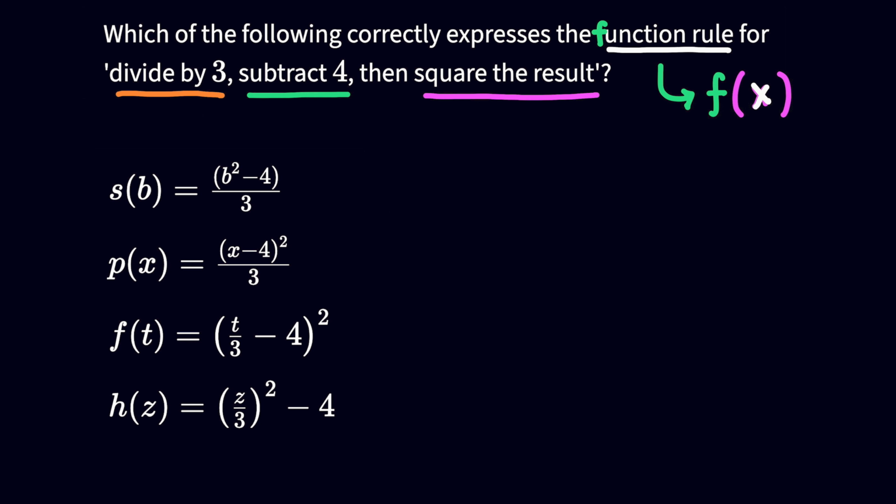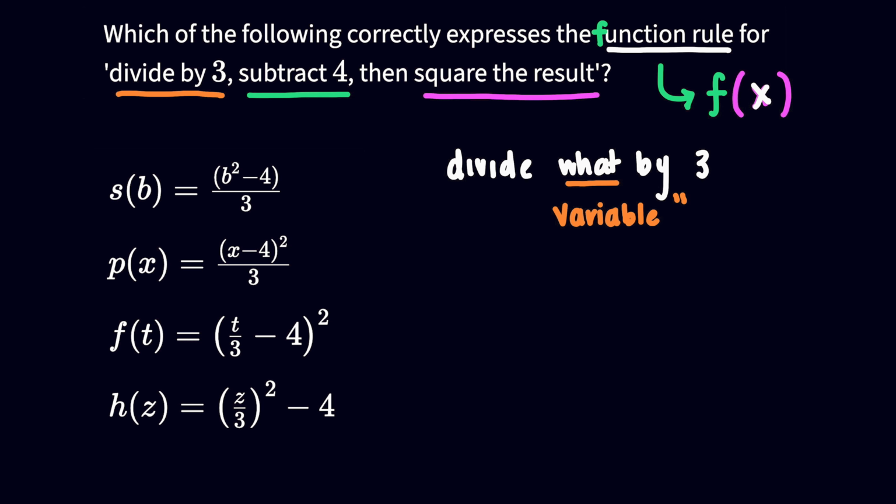We want to divide by 3, but you might be asking yourself, divide what by 3? What do we boss around or tell what to do? The variable. We want to divide the variable by 3. And for us, we're just going to call that variable x. If you're having trouble deciding whether we have x over 3 or 3 over x, just know that it's in the wording.